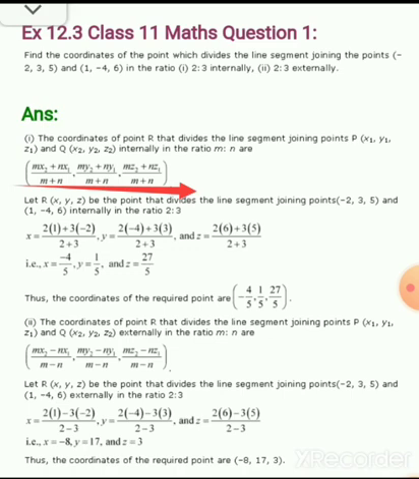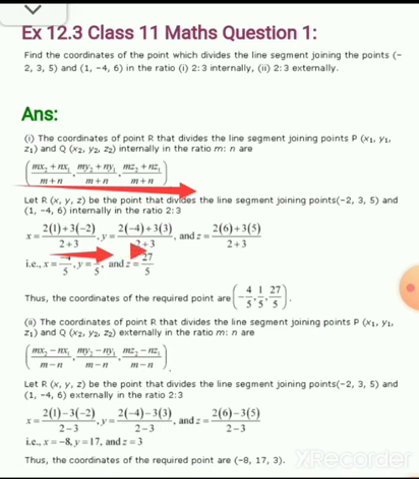So replace here coordinates x1, y1, z1 as -2, 3, 5, and x2, y2, z2 as 1, -4, 6, internally in the ratio 2:3, means m value is 2 and n value is 3. So here substitute the values. First coordinate is x equal to mx2 plus nx1 divided by m plus n.